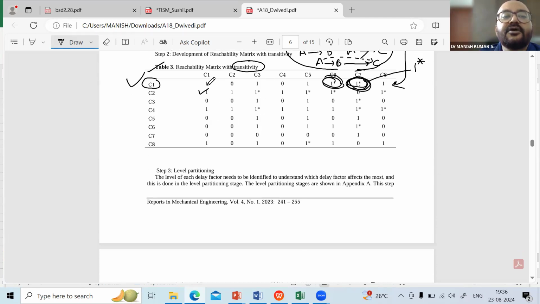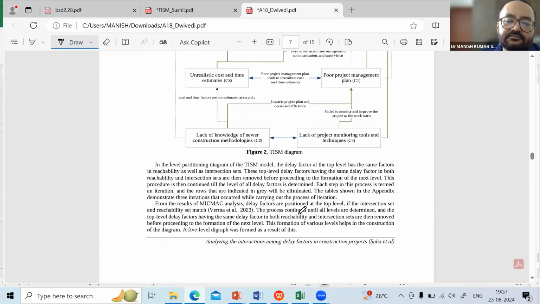See this: C1. Then another was C3, and then C5. So C1, C3, C5, C6, C7, C8. So how many? 1, 2, 3, 4, 5, 6. You can check this here.